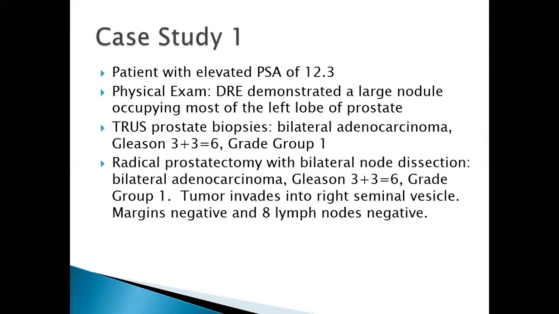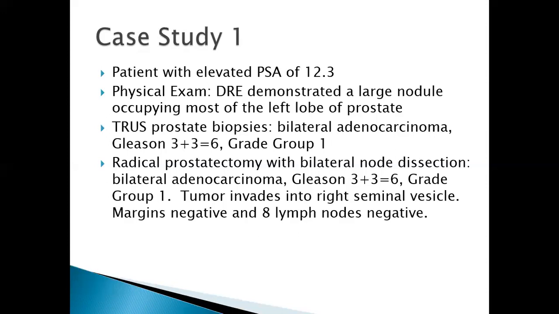And the biopsy identified bilateral adenocarcinoma, meaning that the adenocarcinoma was in both sides of the prostate. Gleason pattern and score was 3 + 3 = 6, which is a grade group 1, okay?